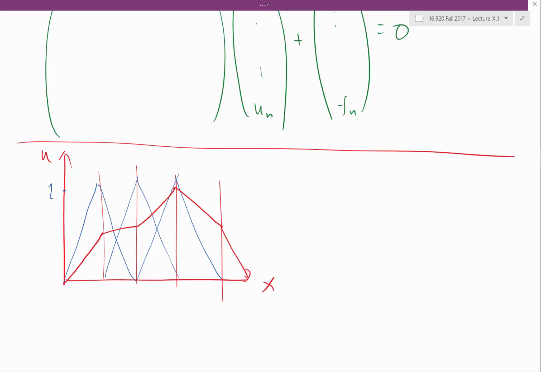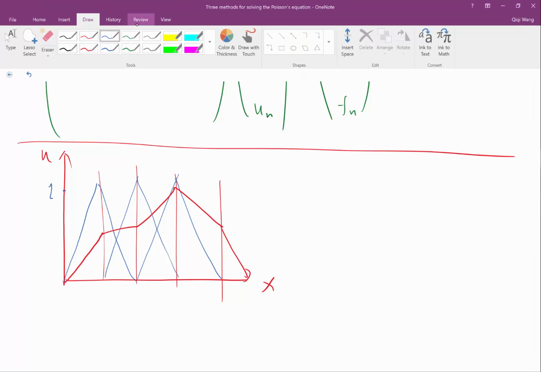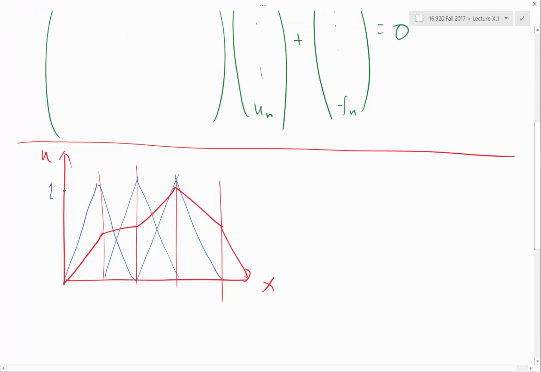If you want to go fancier and look at piecewise quadratic elements, then I have additional basis functions that are like these. These are parabolas that are actually zero at all grid points, but they just bulge out within a single element and basically enrich the space over that element.